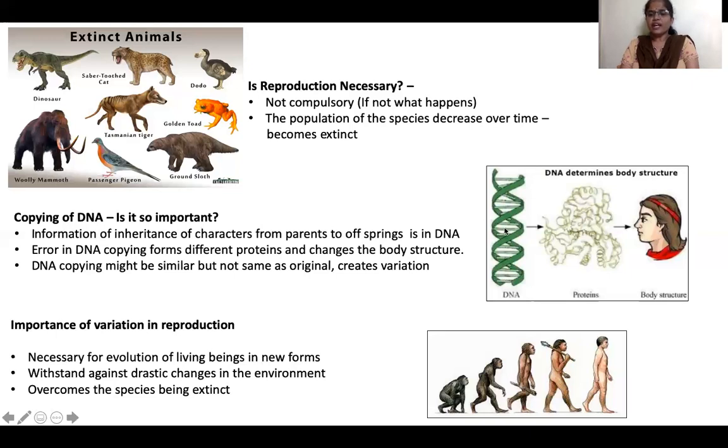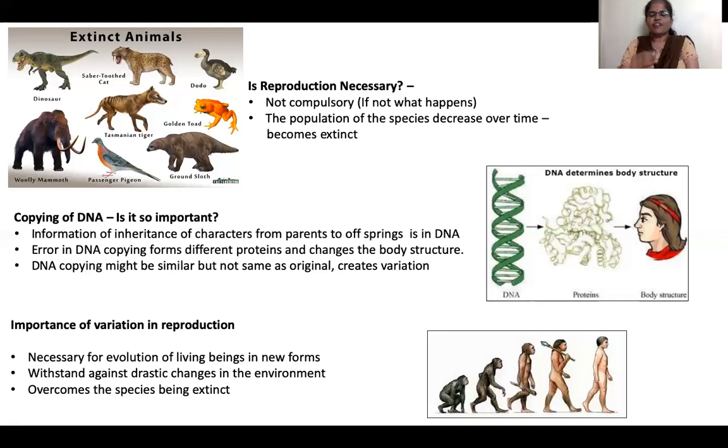If there is any error in DNA, protein will get altered, so our body structure also gets altered. Right? Thirdly, because of this error in DNA, variation in protein structure, and variation in body structure, there will be variation among individuals.